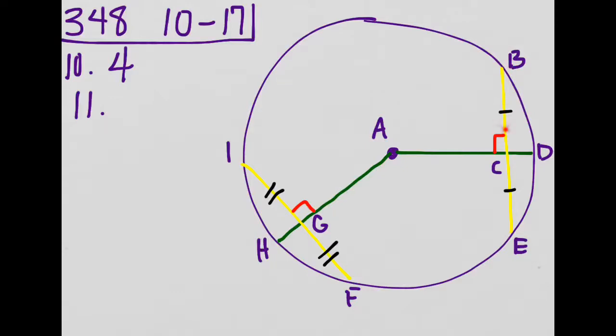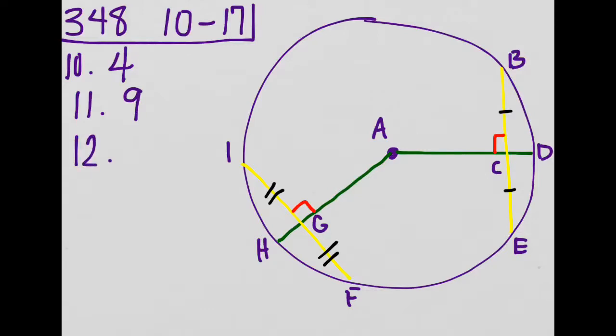Oh, goodness, sorry. Again, don't do math late. And what we know is that BE, this whole long thing, is 18. If the whole thing is 18, what's this top half of it? 18 divided by 2 would be 9.